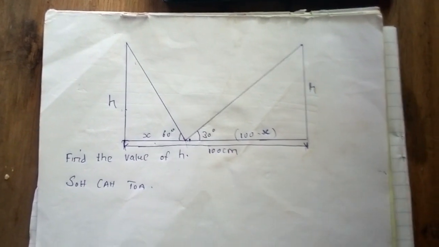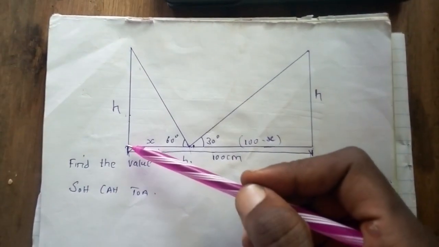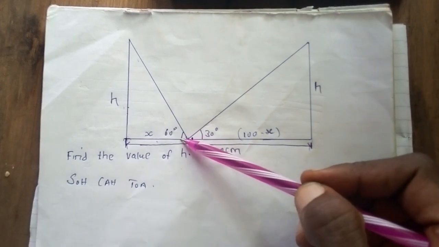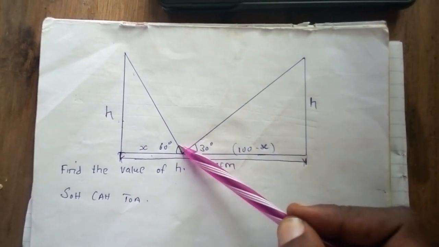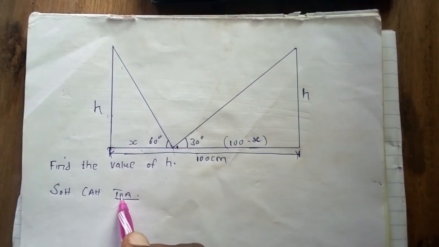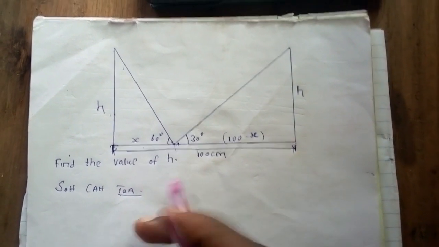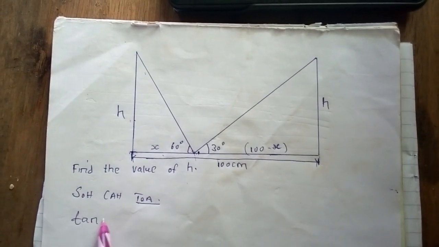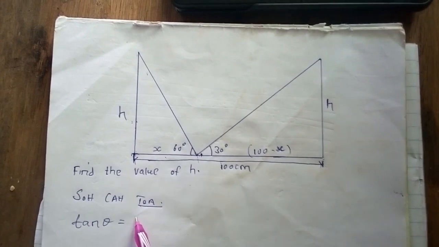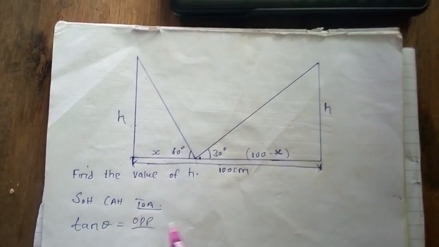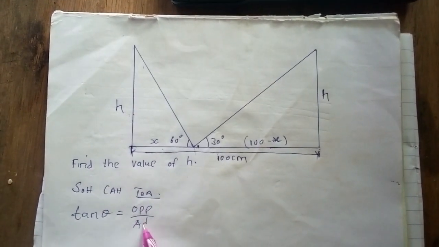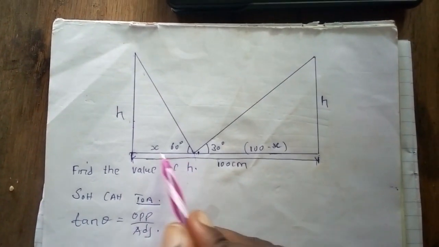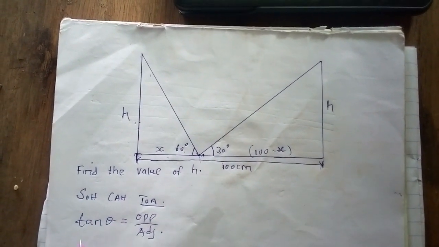The trigonometric ratio with the opposite side and the adjacent side to this angle is tan: opposite over adjacent. So tan theta is equal to opposite divided by adjacent. But what's theta? Theta in this case is 60.